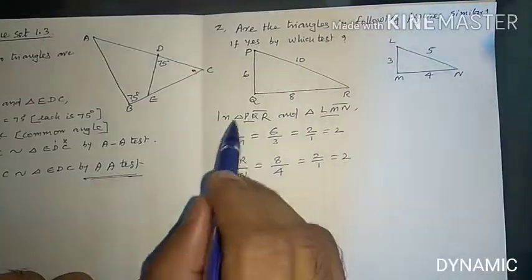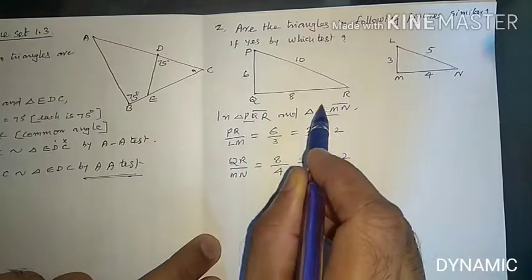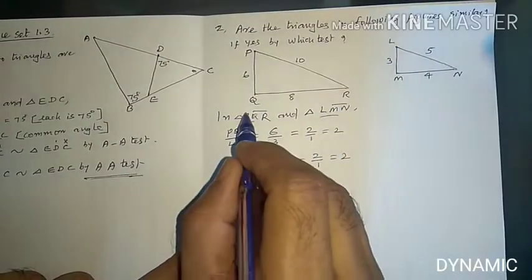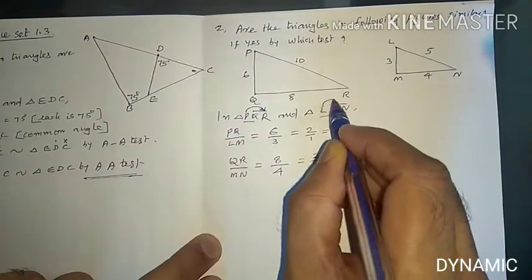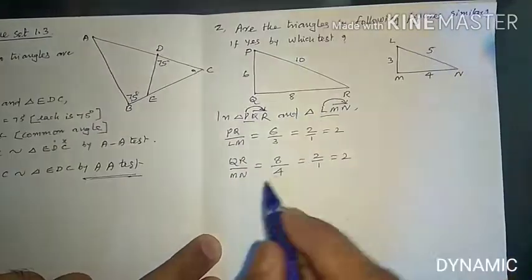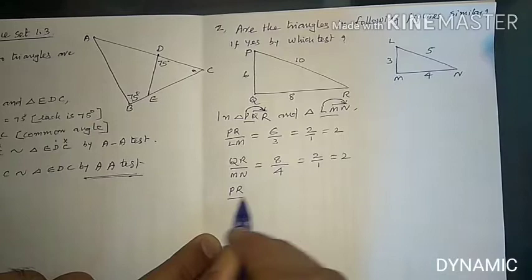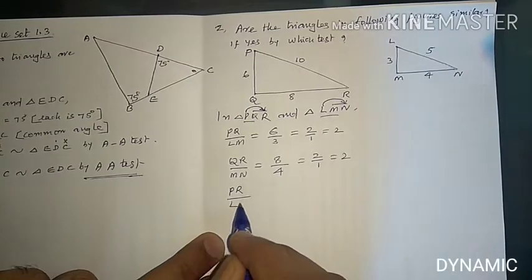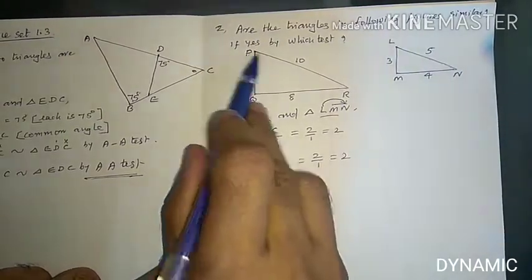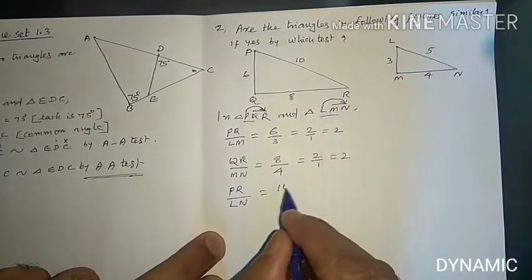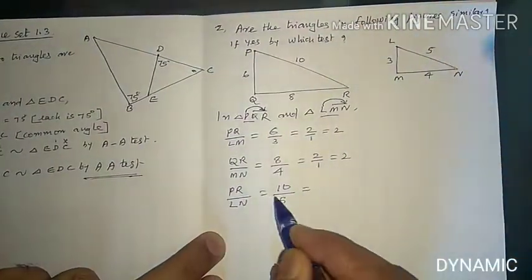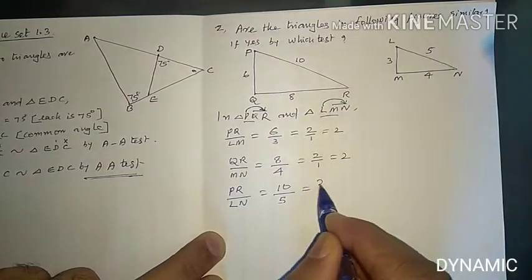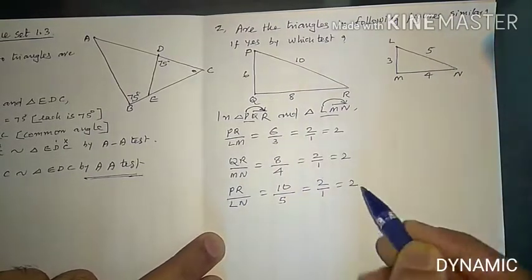The third also we find out like that: PR upon LN. PR is 10 and LN is 5. 1 five is 5, 2 fives are 10, so 2 upon 1, which is 2.